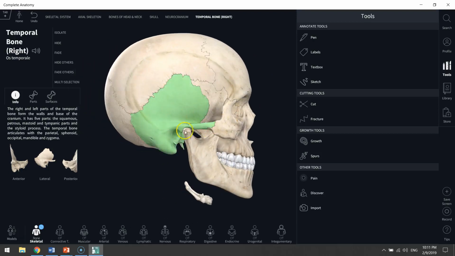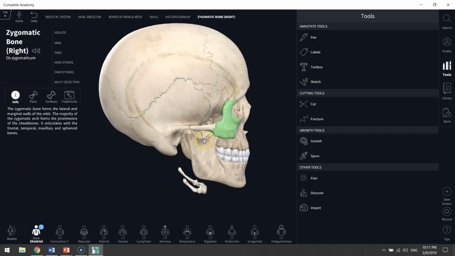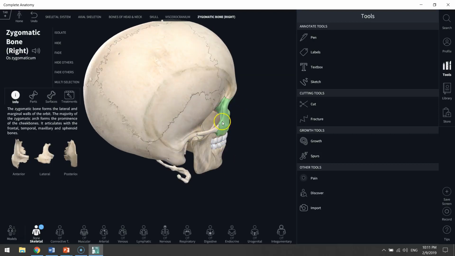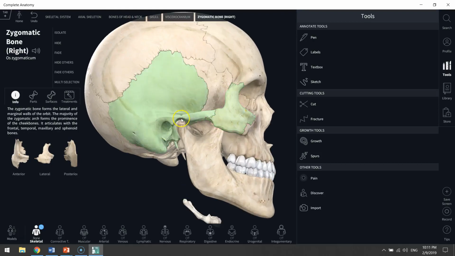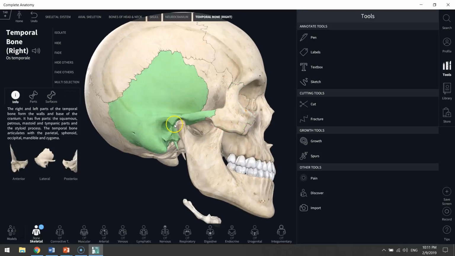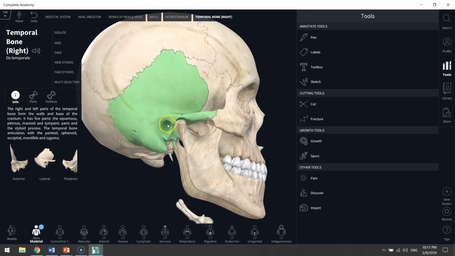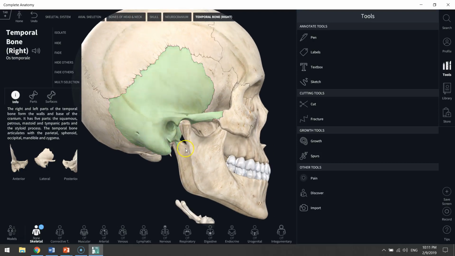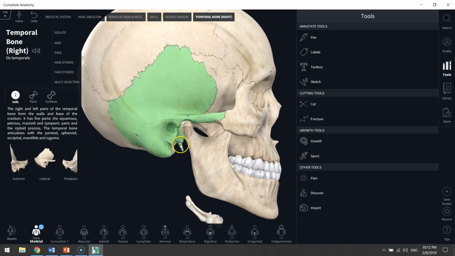The anterior portion, which is the zygomatic portion, forms an articulation with the zygomatic bone to form the zygomatic arch. Inferior to the zygomatic portion is found the mandibular fossa. The head, or the condyle of the mandible, articulates here to form the temporomandibular joint. Posterior to that is found the external auditory meatus, and deep inferior to that is found the styloid process.